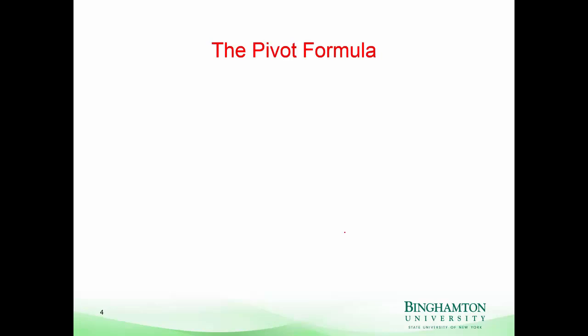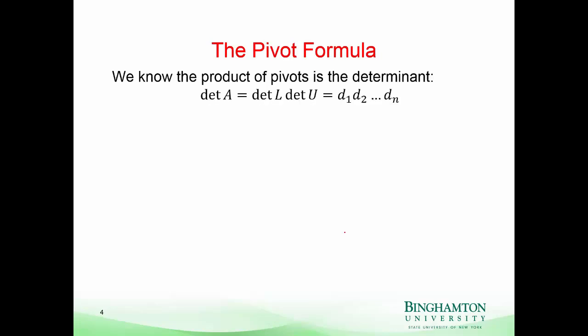So let's just talk about the pivot formula. We've already talked about how if we have a diagonal matrix, the determinant is the product along the diagonal. And so if we can do the LU decomposition, the U ends up with the pivots along the diagonal, and therefore we just have to do a product of those with a little adjustment sometimes.